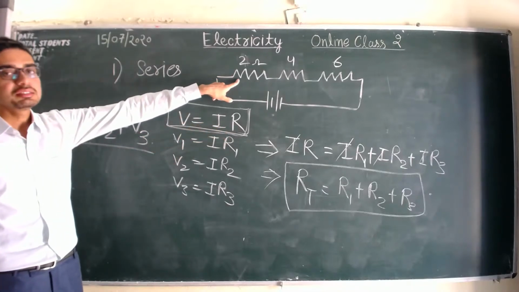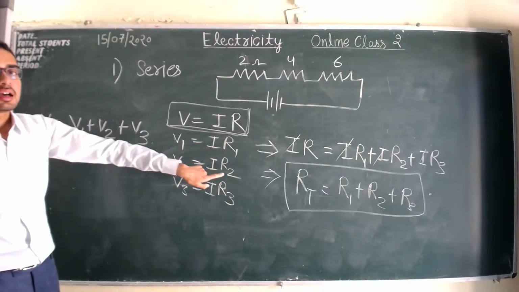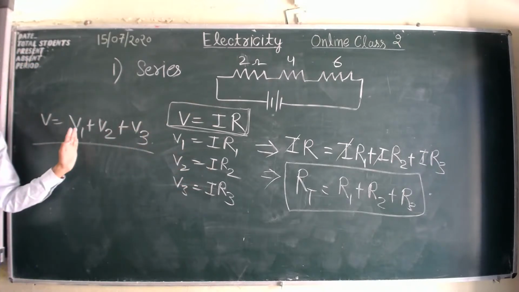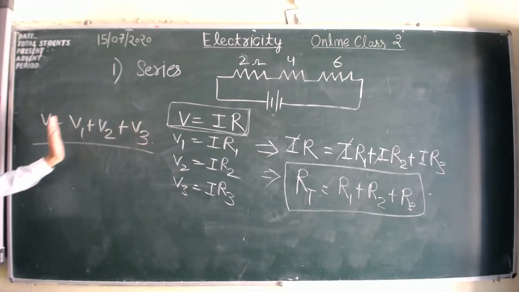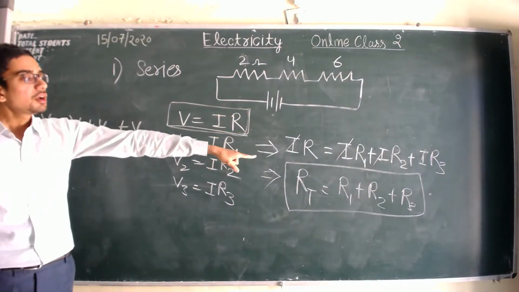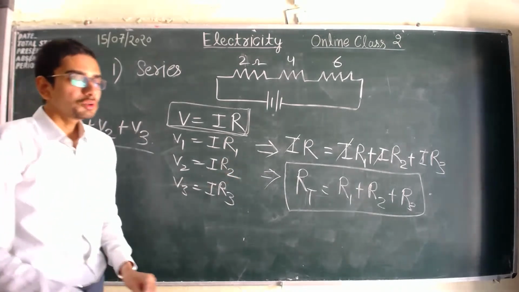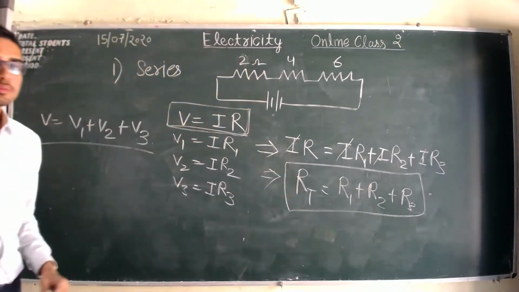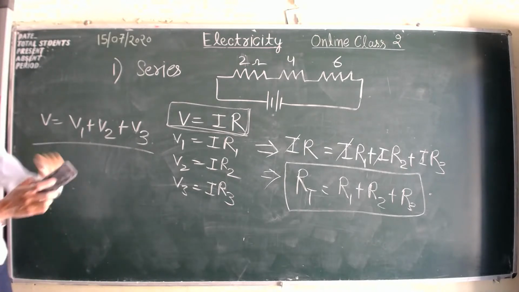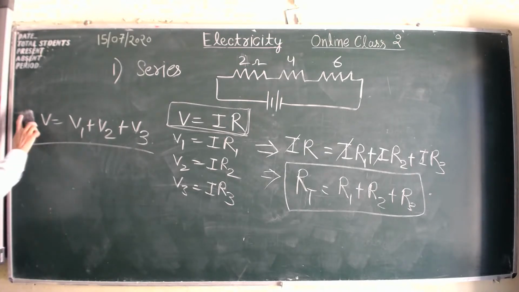Voltage in first resistor IR1, second IR2, third IR3. Add them up. V is equal to V1 plus V2 plus V3. V की वैल्यू पुट कीजिए, IR is equal to IR1 plus IR2 plus IR3. That's how you find out R is equal to R1 plus R2 plus R3. That is the resultant for series combination.